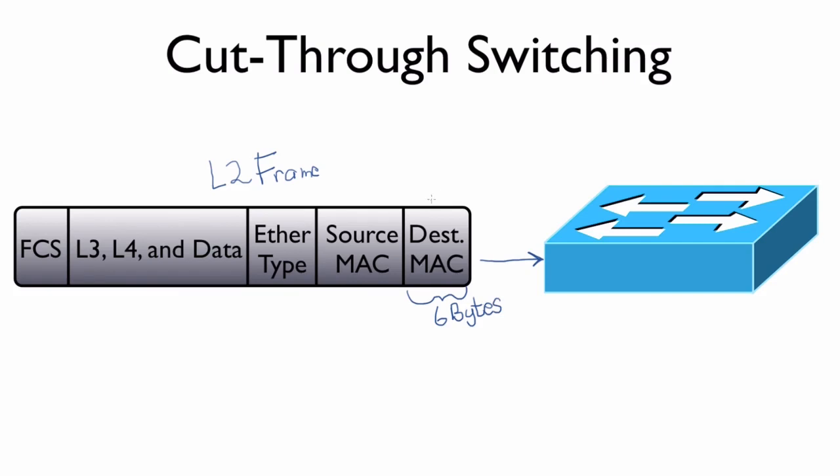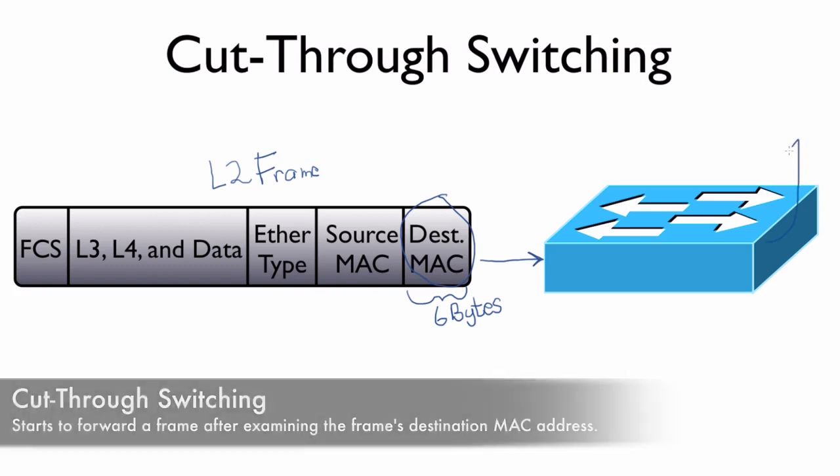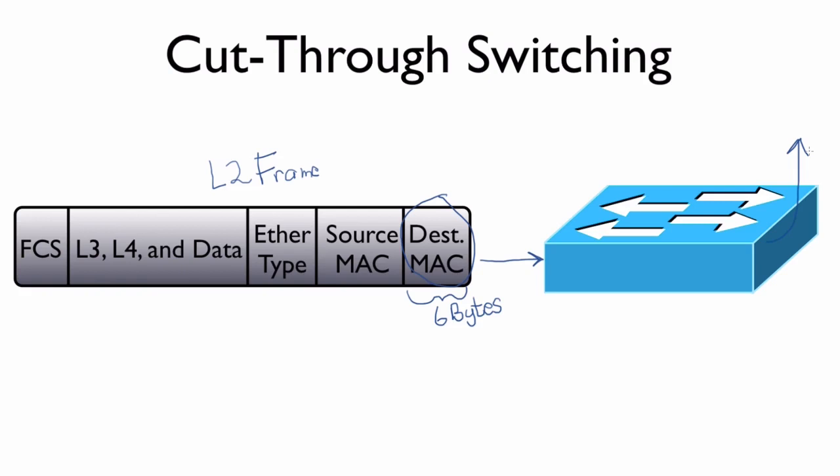So as soon as the switch receives just this much of the frame, it can start forwarding it out of an appropriate destination port. The benefit is we decrease latency inside of the switch. The switch does not have to see the entire frame before it starts to forward it. So advocates of cut-through switching would say it's faster than something like store and forward switching.